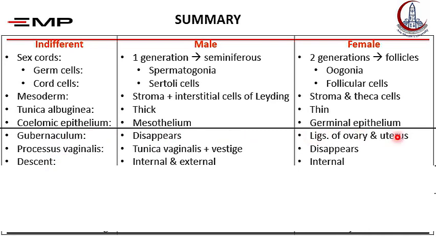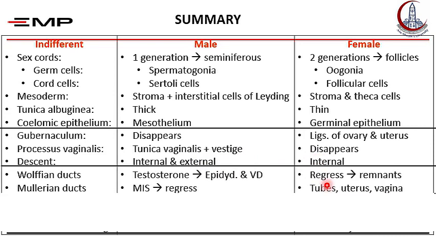It makes two ligaments connected at the cornu of the uterus: the ligament of the ovary and the round ligament of the uterus. The processus vaginalis makes the tunica vaginalis and a vestige in the male. It totally disappears after forming the canal of Nuck in the female. The descent in the male is internal and external. In the female, it's only internal.